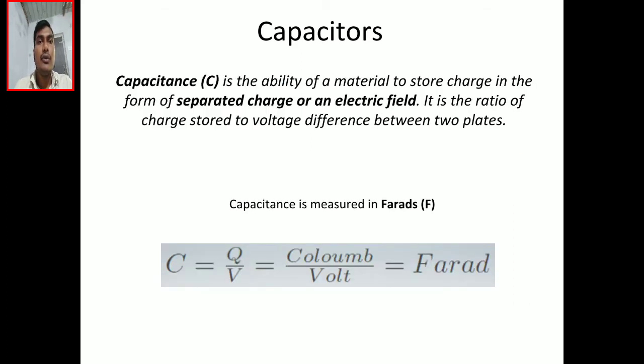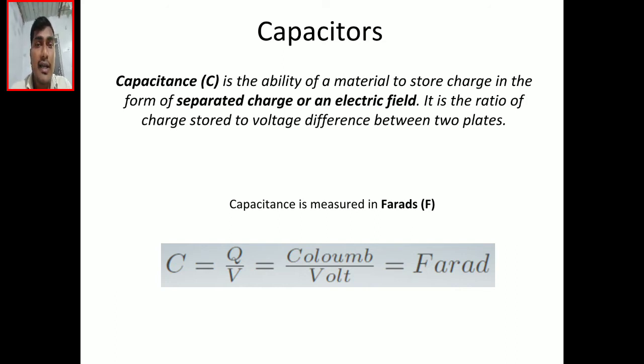Now I am giving the electrical formula. Two parallel plates are separated by a dielectric medium, and it starts storing charge when we give the supply voltage to the capacitor. How much voltage we supply, that much charge is stored.